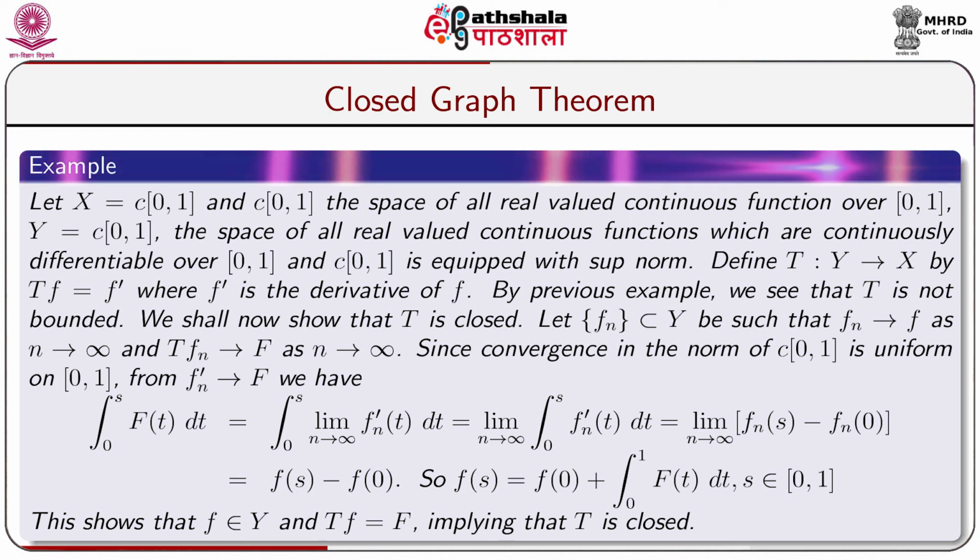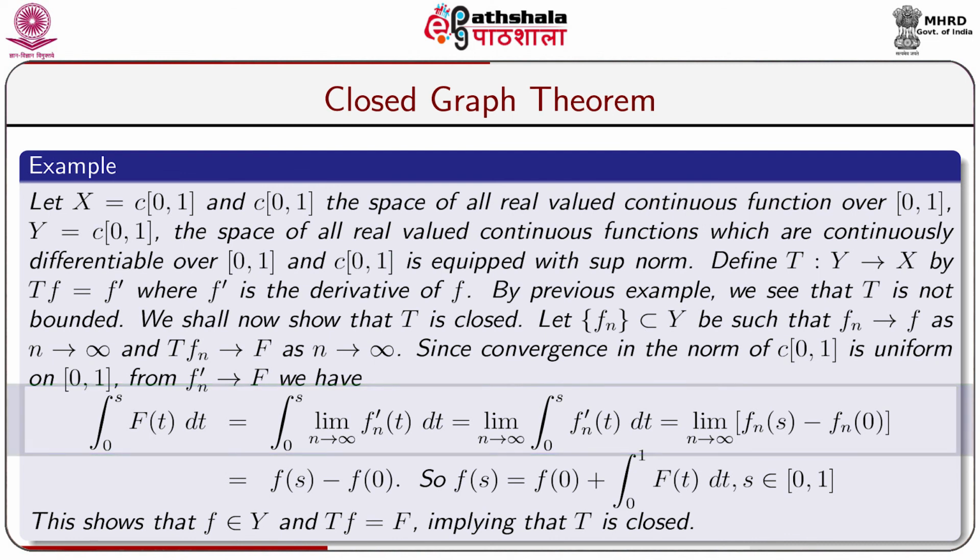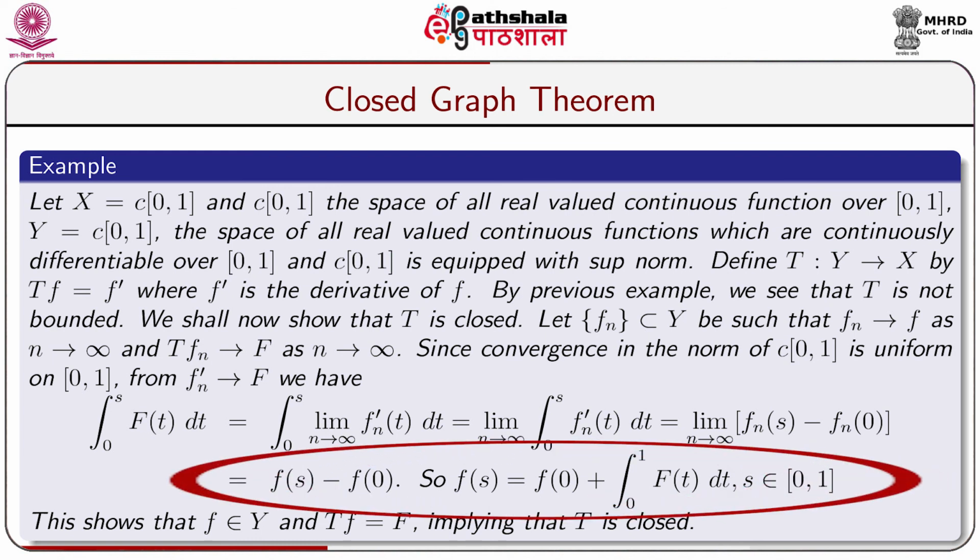Since convergence in the norm of C[0,1] is uniform on [0,1], from fn' goes to F, we have the integral from 0 to s of F(t) dt is equal to the integral from 0 to s of the limit as n tends to infinity of fn'(t) dt, which is equal to the limit as n tends to infinity of the integral from 0 to s of fn'(t) dt, which is equal to the limit as n tends to infinity of (fn(s) minus fn(0)), which is equal to f(s) minus f(0).